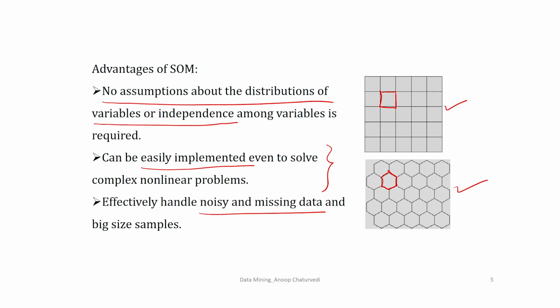But with the self-organizing map, you can easily handle data which is noisy, or even if some of the observations are missing. Further, you can easily handle big size samples. So, it is quite easy to implement the algorithm even for big size samples, or even if you have to solve complex nonlinear problems.